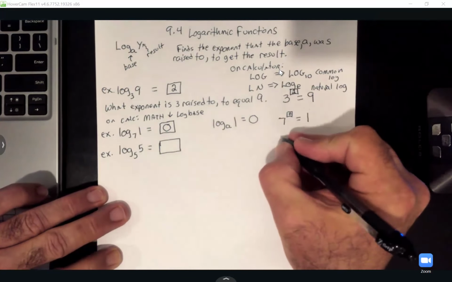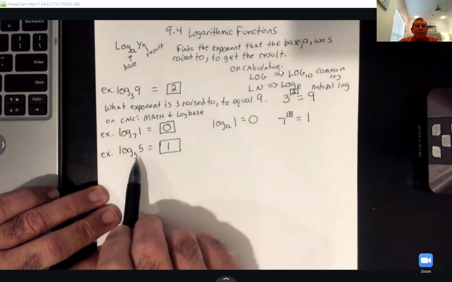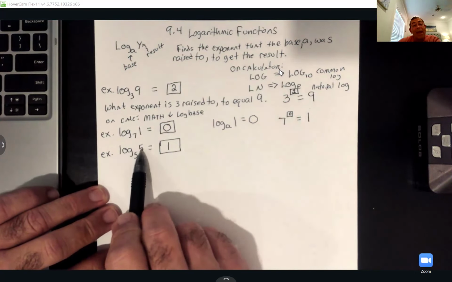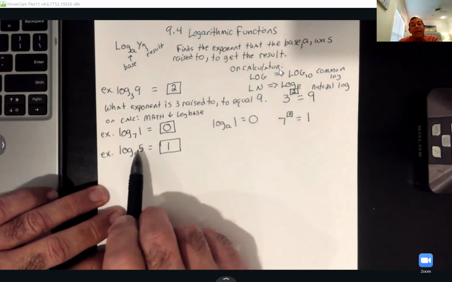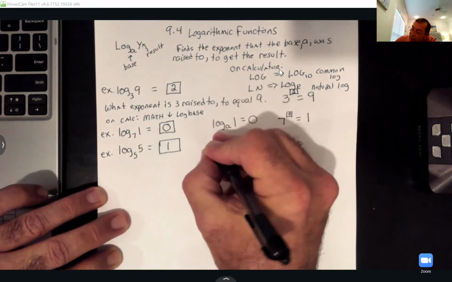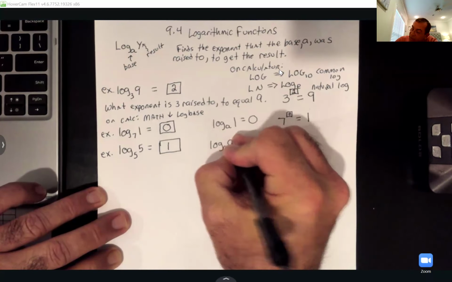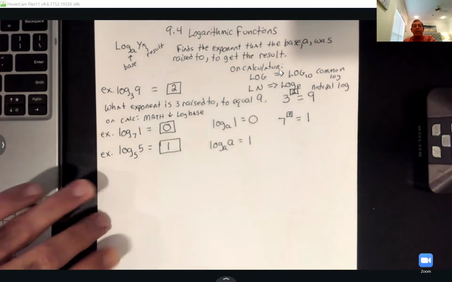Would it be 1? It'll be 1. So if the base matches the result, that exponent, y'all, has to be 1. So you can make a little rule about that. If the base matches that result, that'll always equal 1, okay?